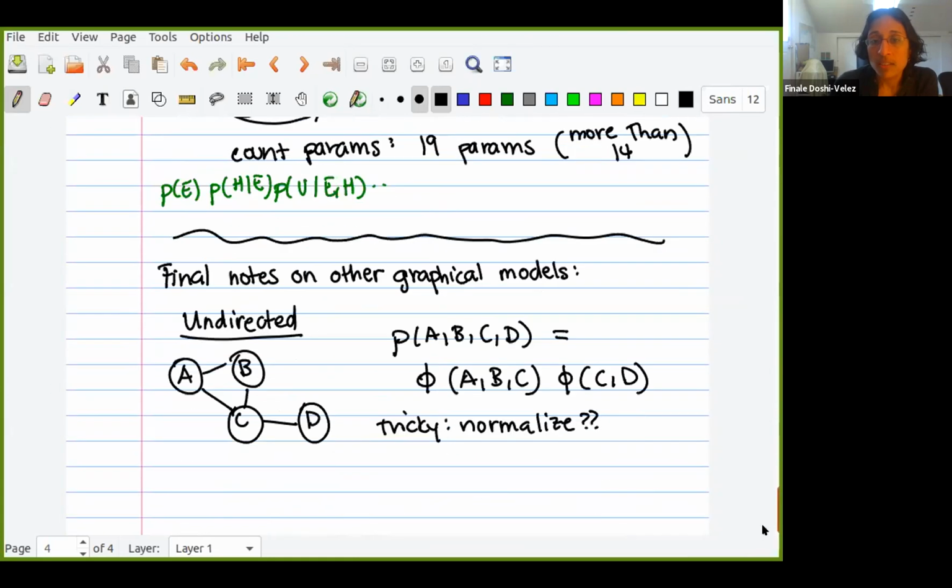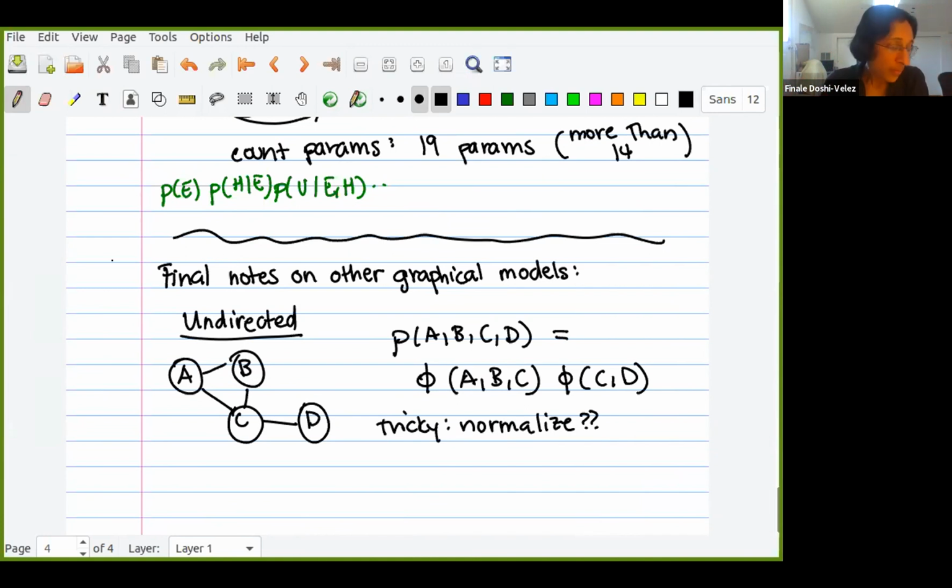When you have just some sort of arbitrary distribution here as phi, then that becomes a little more difficult. But these are popular models, definitely in image segmentation and such. These sorts of models have been used a lot as graphs over pixels in an image.